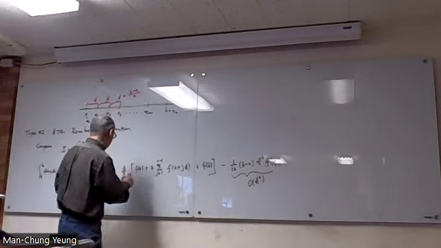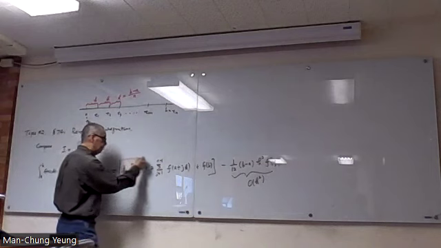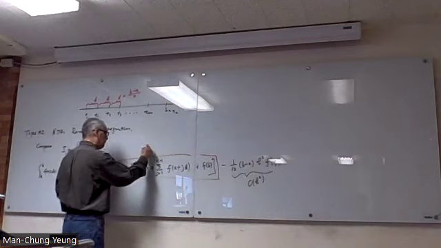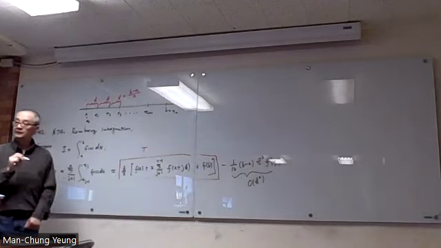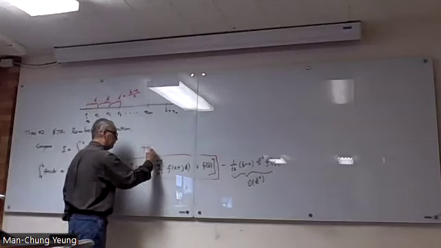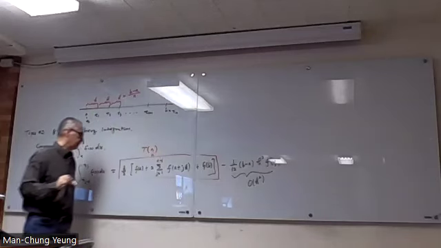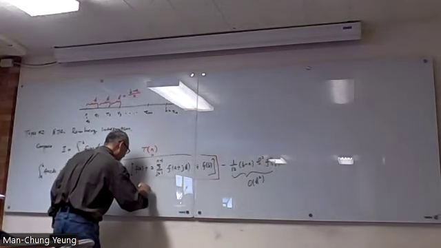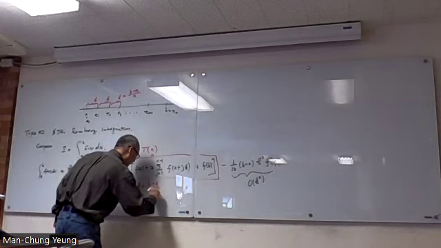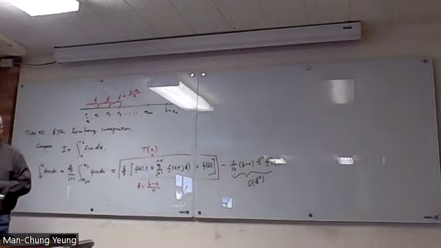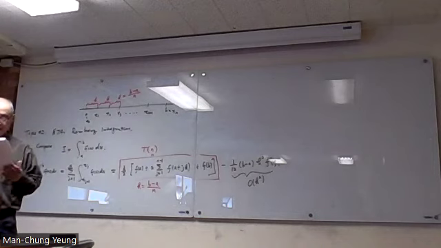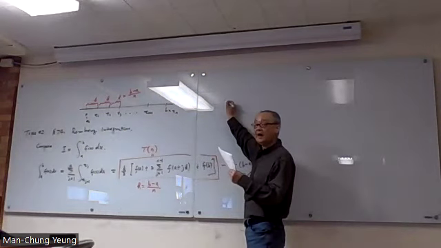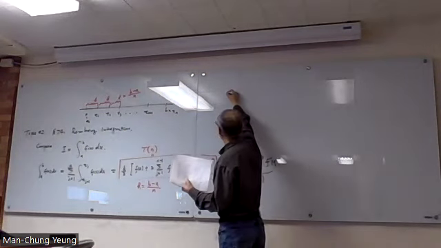Denote the trapezoid rule by T_n. What is h? h is (b minus a) over n. So that is actually not difficult.